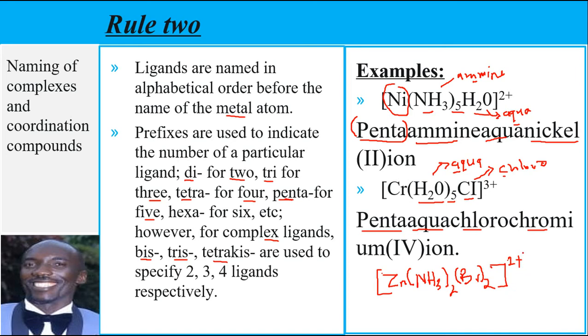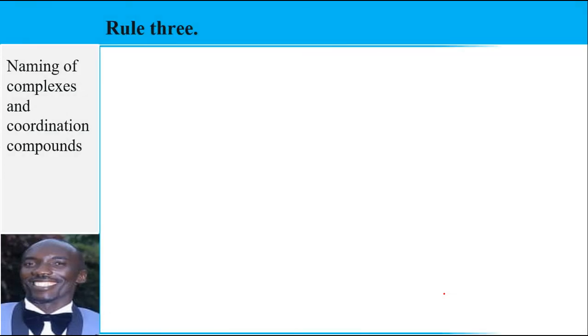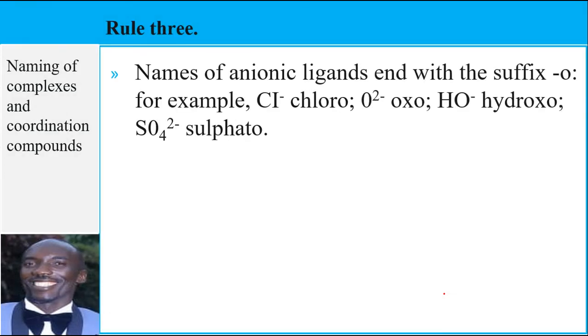Then here you have to calculate for the oxidation state. We shall look at how we calculate the oxidation state. So this should be 4. So it would be diamine, dibromo, zinc 4, and so on.